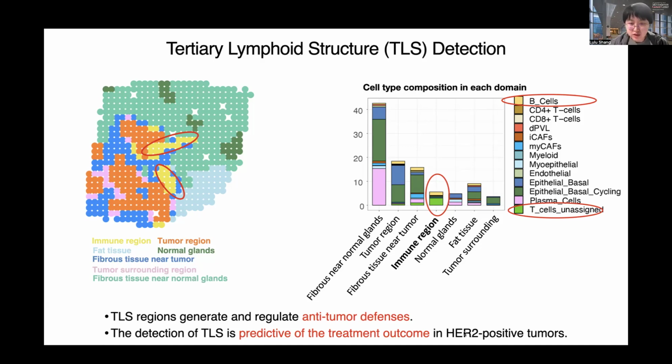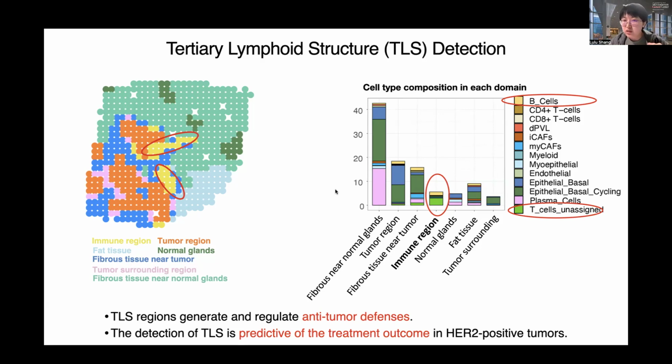For this specific sample, this is a tissue section from a HER2 positive tumor patient. So because this region might be a TLS, this patient might have a better survival outcome. But how to validate that this immune region is indeed a TLS?